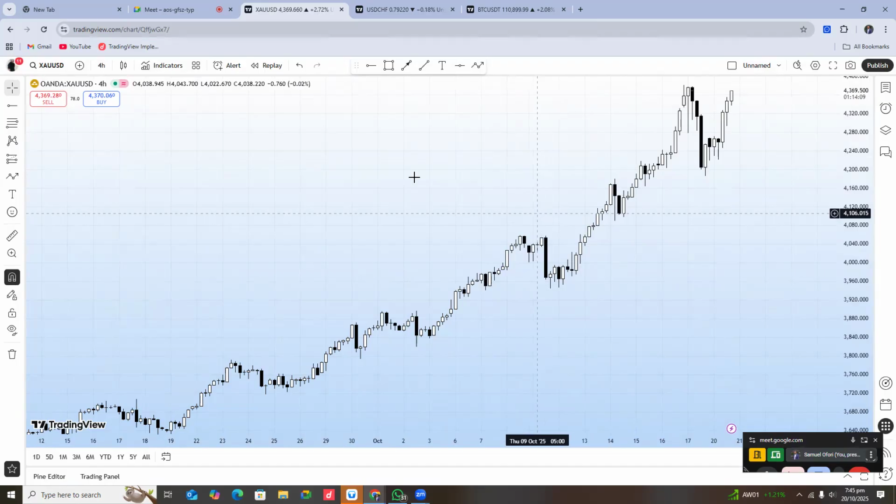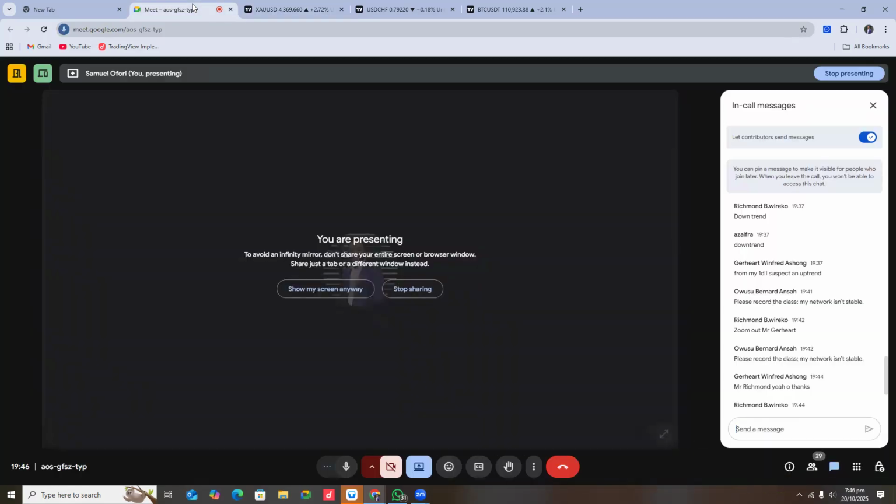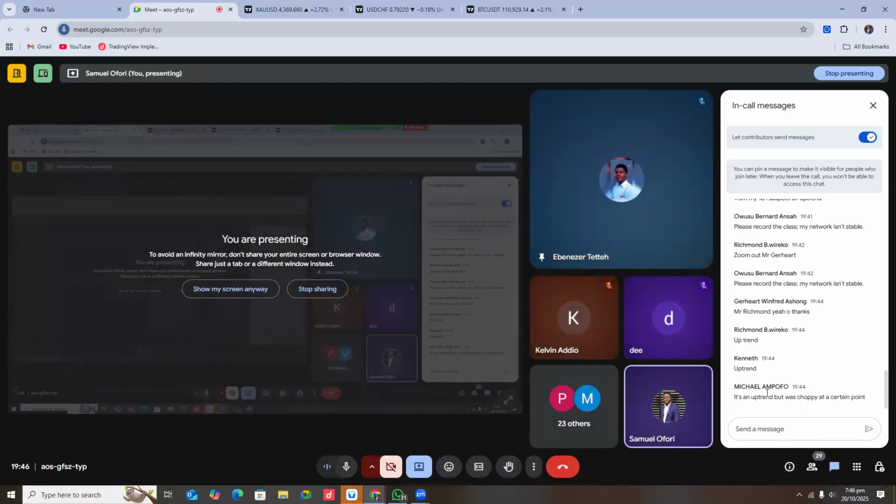So be careful. Don't tell the trend by just the visual you have on your screen. Look at the technicals: the higher highs and higher lows to tell that the market is in an uptrend, or the lower lows and lower highs to tell that it is in a downtrend. I hope that point is very clear. If you do it that way, you always get it right.